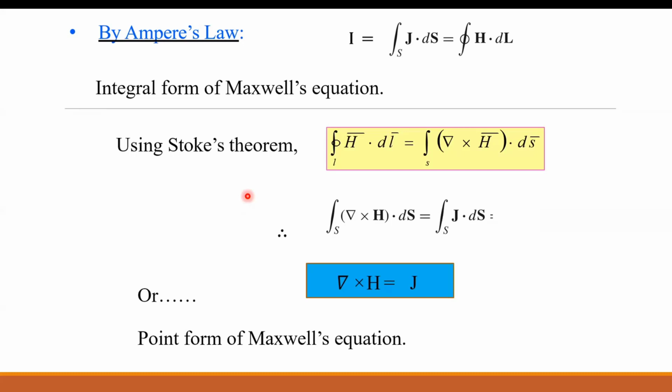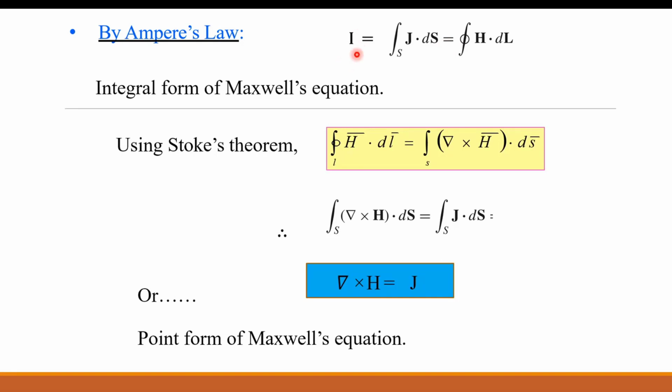Now second law, what is Ampere law? Second equation we are going to see. Ampere's law states that if we circulate magnetic field intensity, that is H bar, through a closed path, then what we obtain?